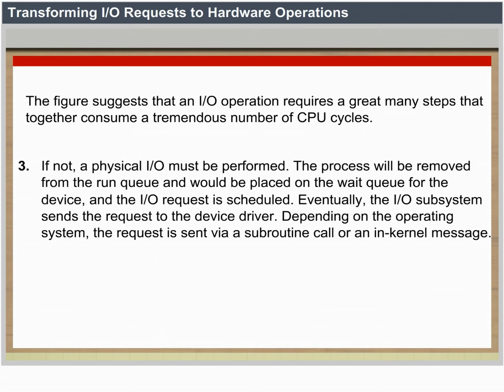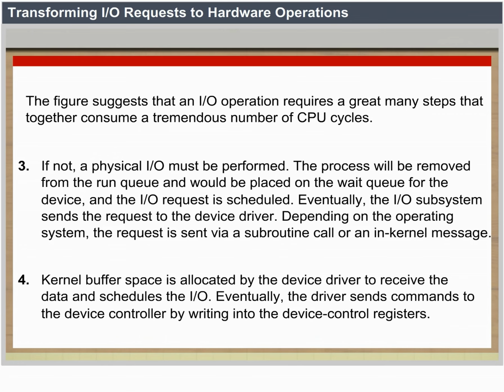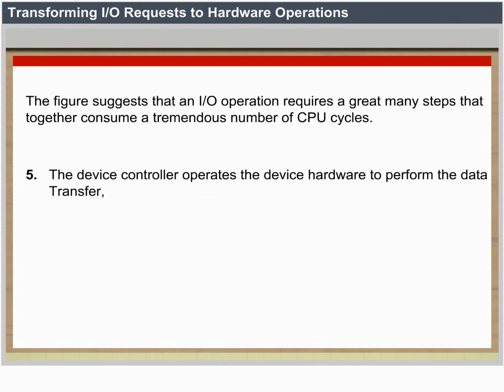The device driver allocates kernel buffer space to receive the data and schedules the input-output. Eventually, the driver sends commands to the device controller by writing into the device control registers. The device controller operates the device hardware to perform the data transfer. The driver may poll for status and data, or it may have set up a DMA transfer into kernel memory.